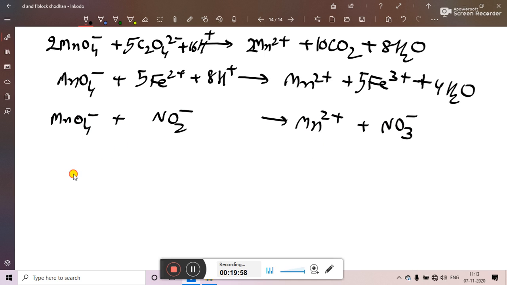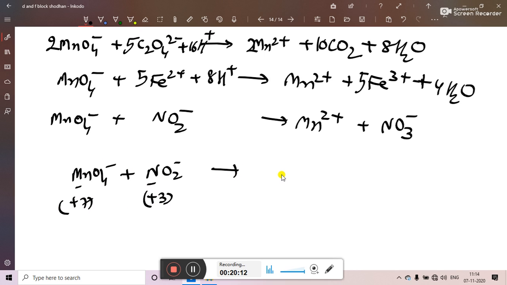MnO4 minus has Mn in plus 7 oxidation state. In NO2 minus the oxidation state of nitrogen is plus 3. On the right hand side, the oxidation number of Mn2 plus is plus 2, and the oxidation number of nitrogen in nitrate ion is plus 5.